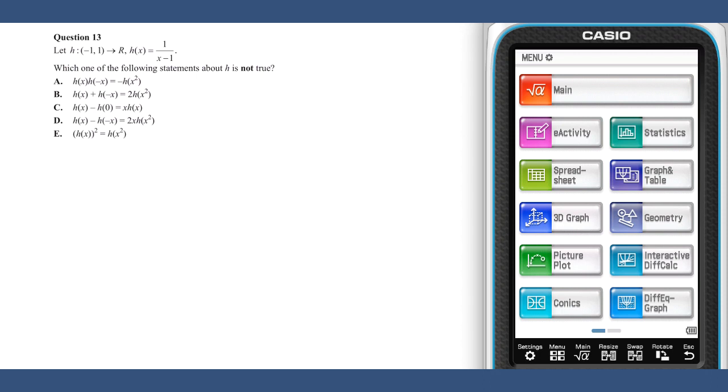Question 13. We are given 5 statements about the function h and asked which one is not true. Given that h is binomial in nature, having 2 terms on the denominator of the fraction, it is unlikely that h of x all squared is equal to h of x squared is going to be true.